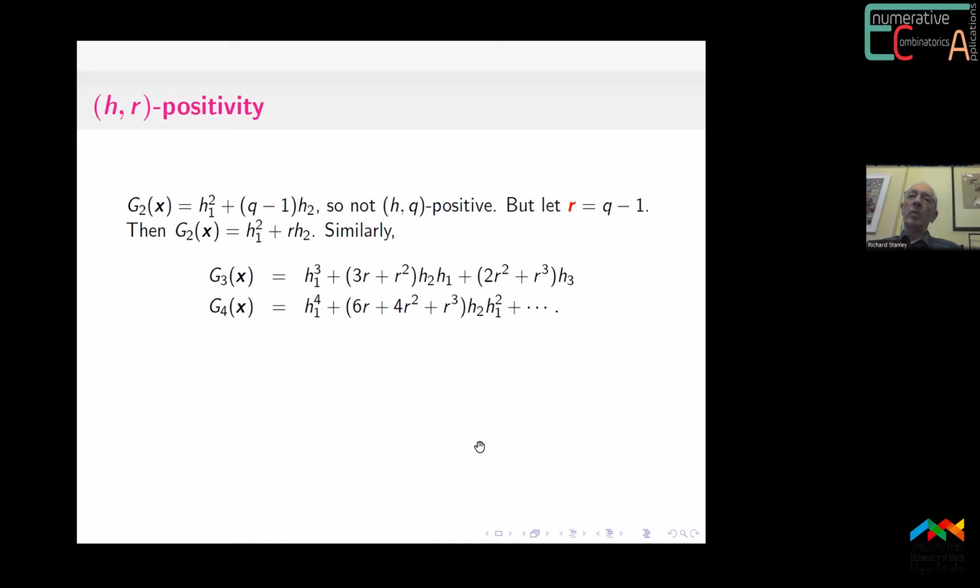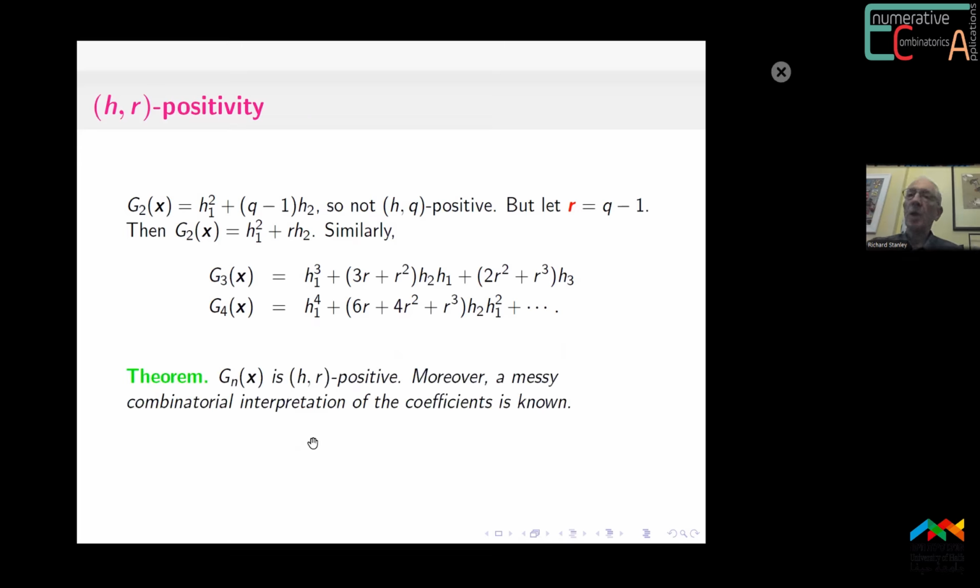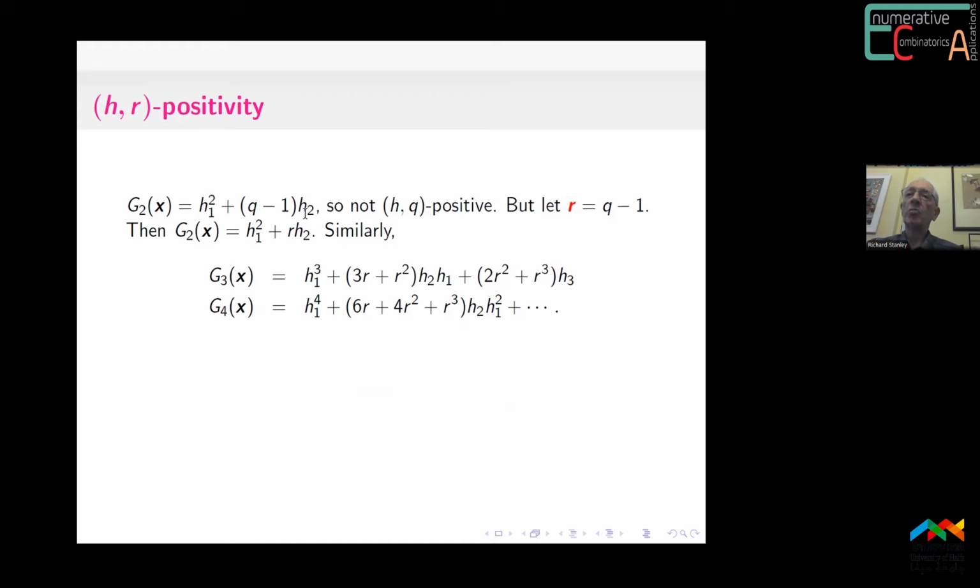Now, since all these symmetric functions we were looking at previously were h positive, we could ask whether g_n(x) is h positive in q. If we expand it in terms of the h's, are the coefficients polynomials in q with non-negative coefficients? Well, this is false even for n equals 2. But if we let r equal q minus 1, then we do get what we call h-r positivity.